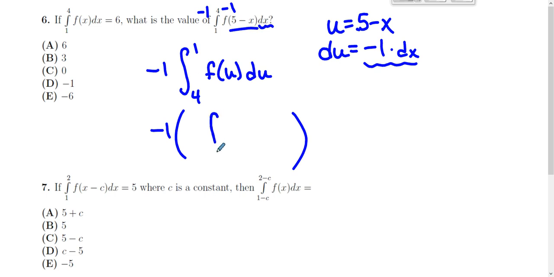If you reverse the limits of integration, reversing the limits of integration is just multiplying by a -1. So then you have negative. So this has the same value that this does, and this is that. Done.